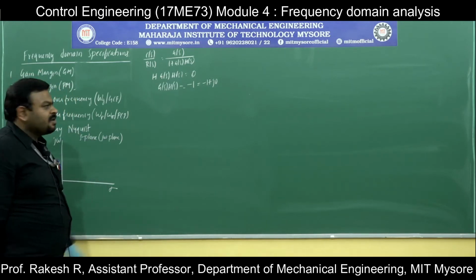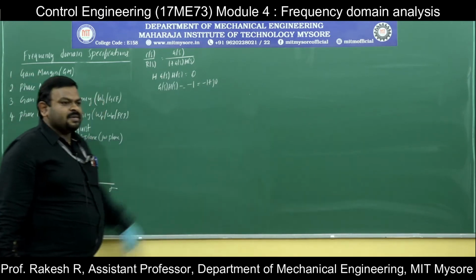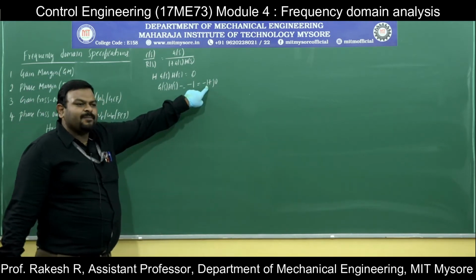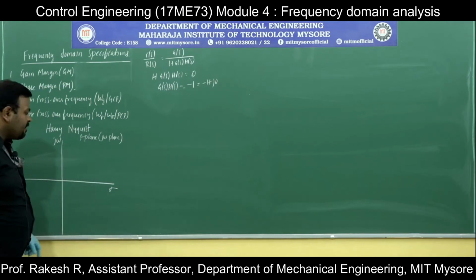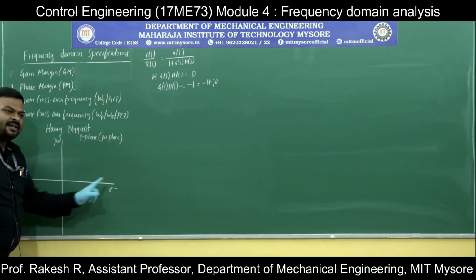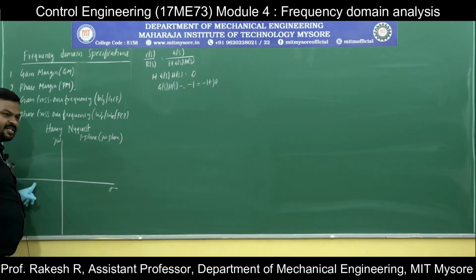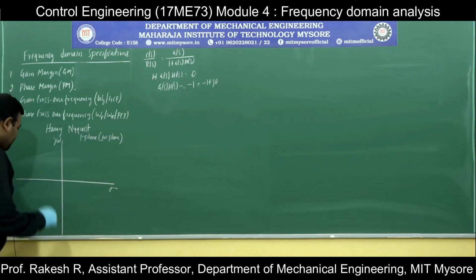For this, I will find the magnitude and phase angle. Before that, first I will locate the point minus 1 plus j0. Where is minus 1 plus j0? The real part is negative, so this is positive, negative means here. j0 means it is exactly on the negative real axis. So somewhere here, this is minus 1.